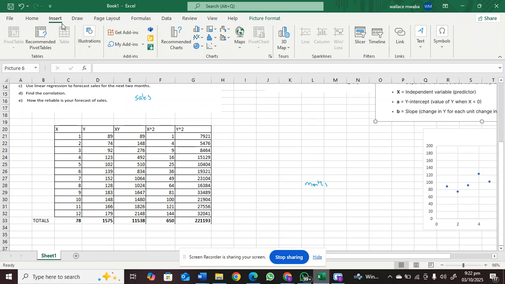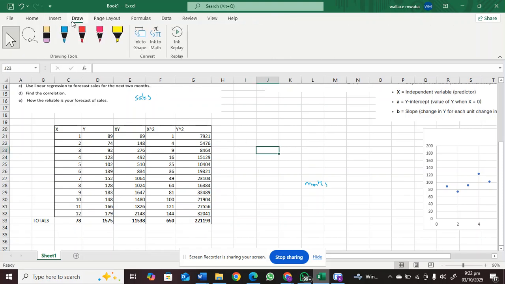Let me just draw them down. This is sigma x, total of the x values. This is sigma y, total of the y values. This is sigma xy. This is sigma x squared.